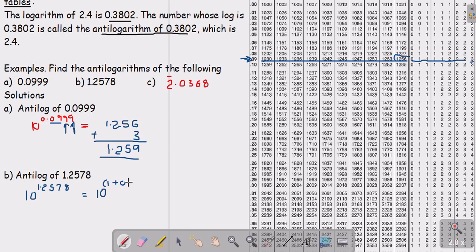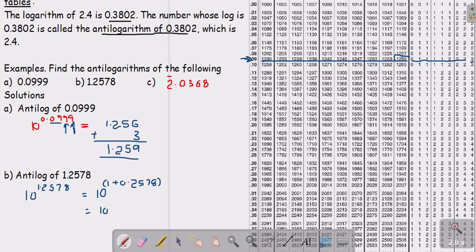The whole number will be 1, and the fraction part will be 0.2578. We write it like that.